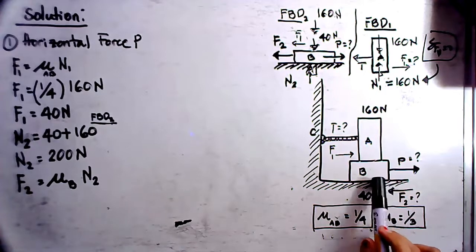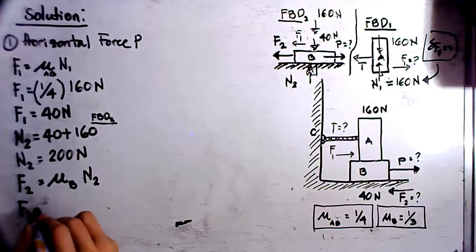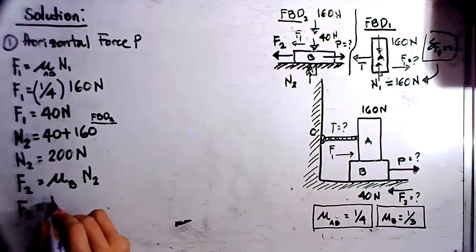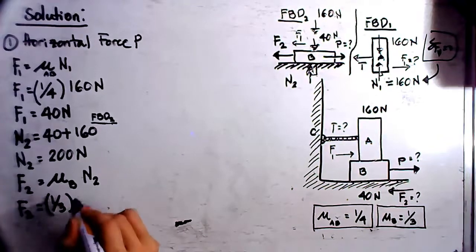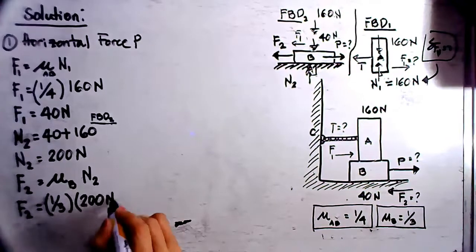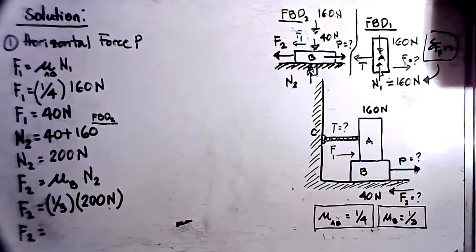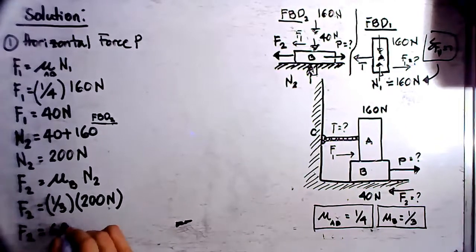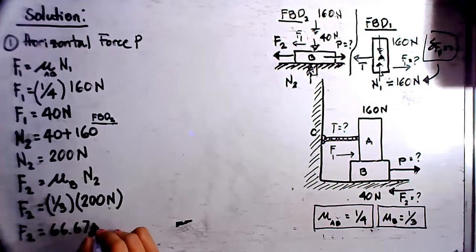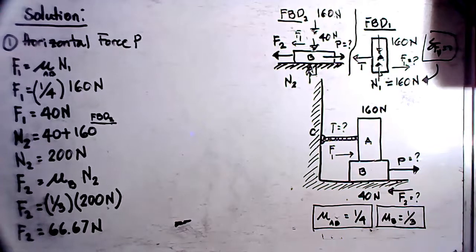F sub 2 is simply equal to 1/3 times N sub 2, which is 200 Newton. F sub 2 is equal to 66.67 Newton. And that value of 66.67 Newton will be used to determine the value of force P.